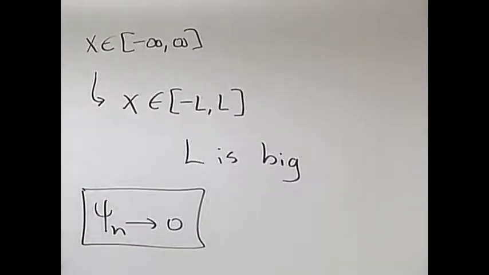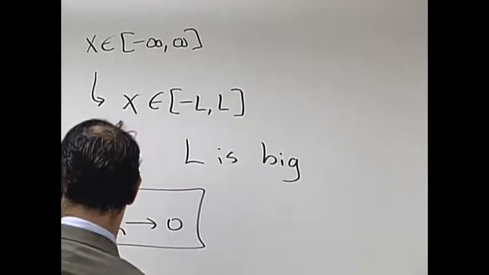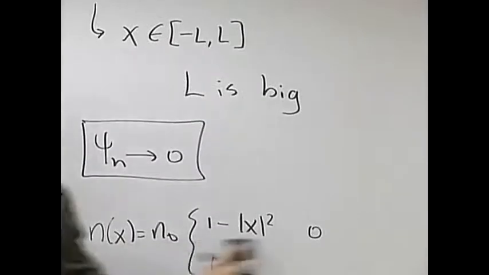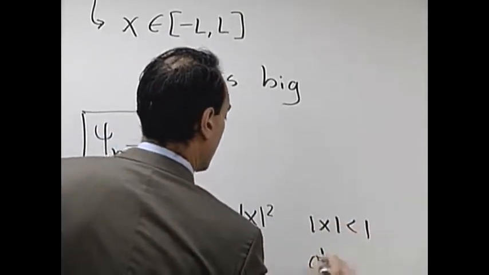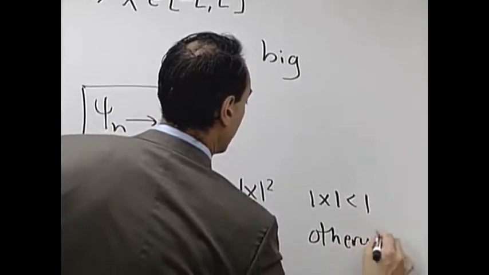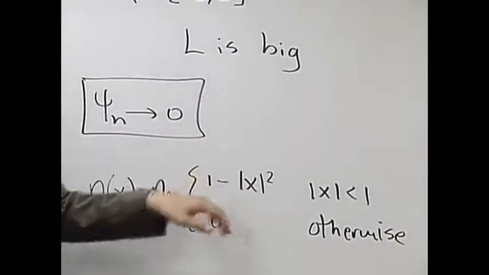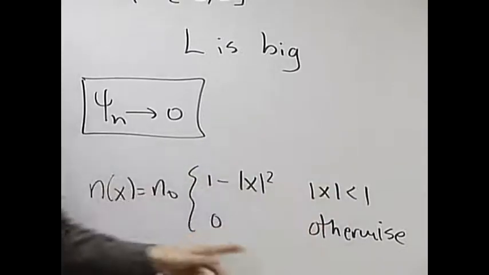And in fact, what I'm going to do is look at n of x to be a very specific form. So it's like a little upside down parabola when x is less than 1 in magnitude, and 0 otherwise.